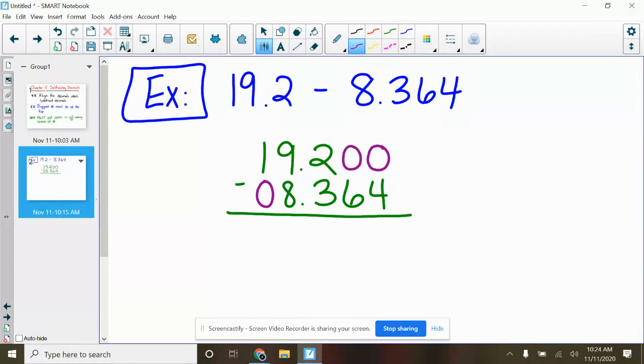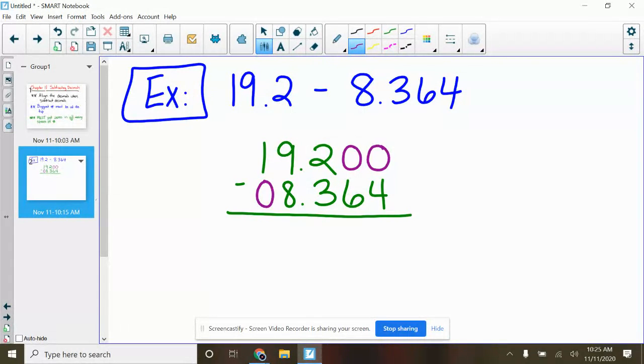But what place am I trying to get back to? The thousandths. So what do I now have to do to the hundredths place? Everybody, I have to borrow. If I had 10 hundredths and I borrow 1/100, I'm left with 9/100ths.